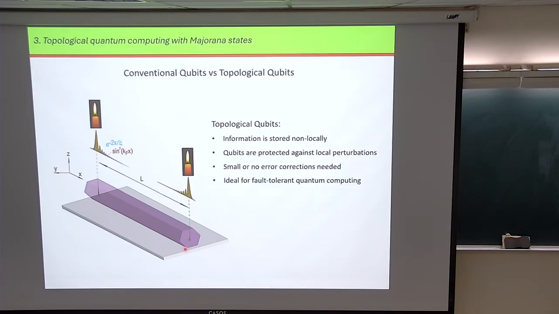You cannot destroy one without destroying the other. But the other is far away, so this perturbation is not reaching it in any way. So the information is now non-local. Whatever I have locally cannot destroy this information, so it is protected against local perturbations. That is the idea of using the Majoranas.